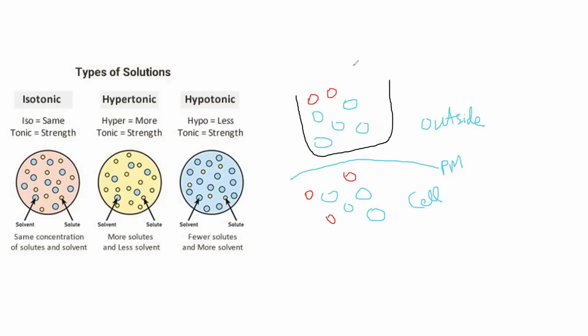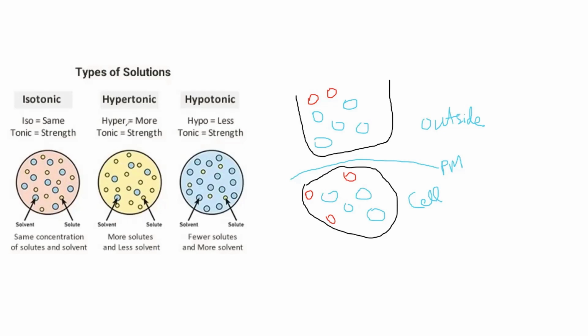Now this portion you see here, you have 3 solute molecules as compared to 2 solute molecules outside, right? And you have 4 water molecules as compared to 5 molecules here, right? So this means it has more solutes and less water, and it has more water and less solutes.